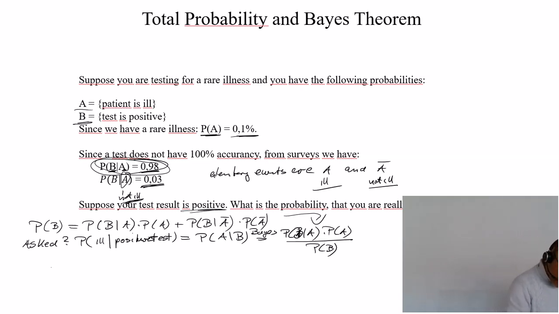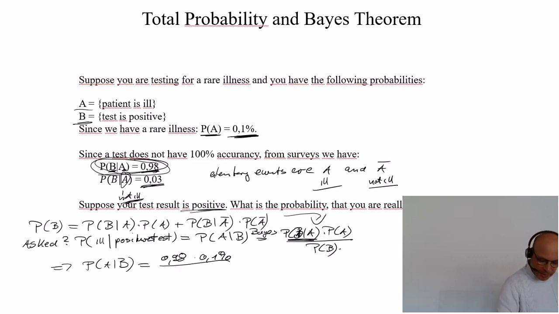Then we know P(A given B) equals P(B given A), which is 0.98, times the probability that the patient is ill, 0.1%, over P(B).